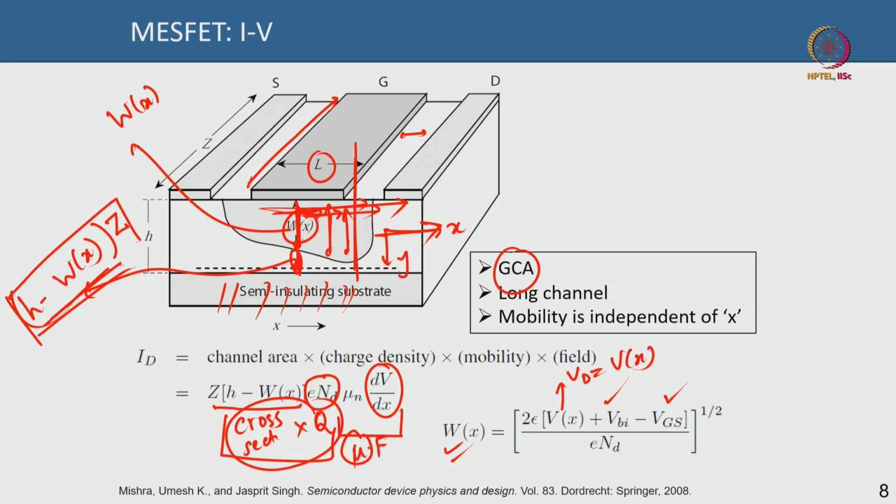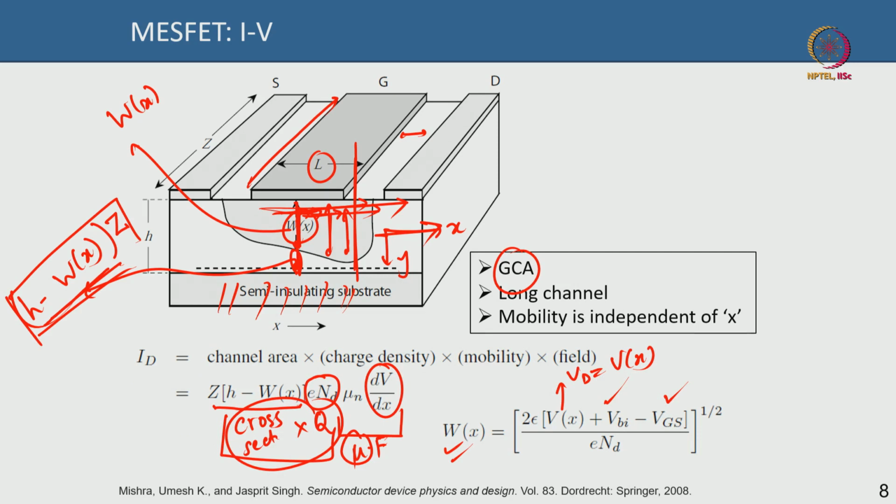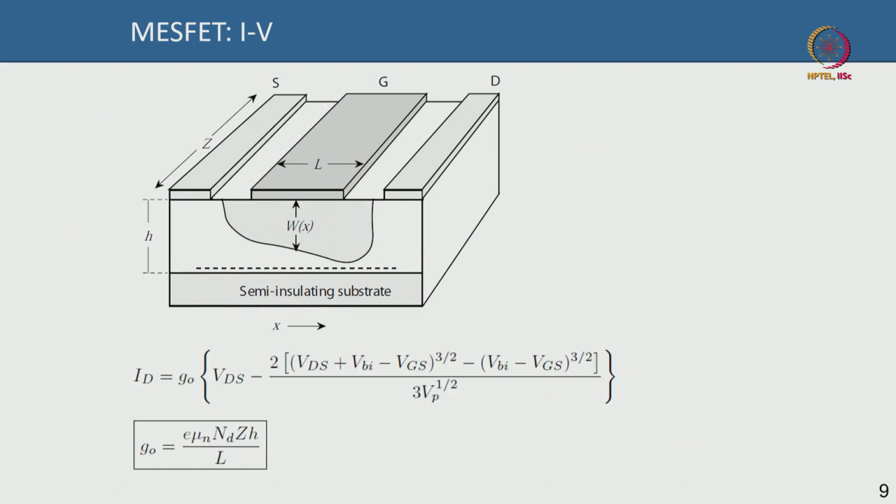So you can integrate this equation now and get the expression for the drain current. Here we are assuming that mobility times field holds true for the entire range. We are not considering velocity saturation anywhere; for any arbitrary electric field this holds true, which is an assumption we are making, overestimating though.